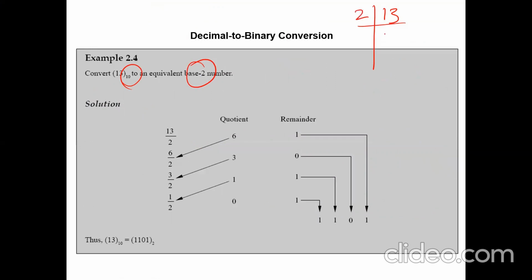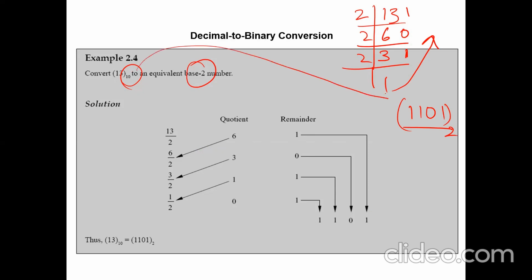Now convert it. 2 6s are 12, remainder 1. 2 3s are 6, remainder 0. 2 1s are 2 and 1 remains. Starting from the bottom, 1101 is the final answer in base 2. We have converted 13 from base 10 to base 2.